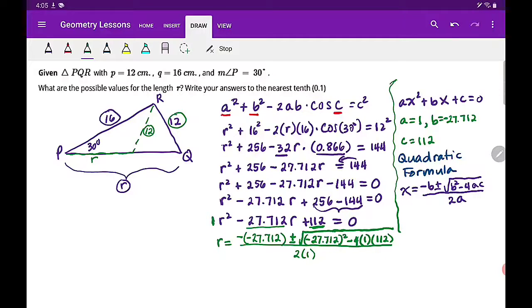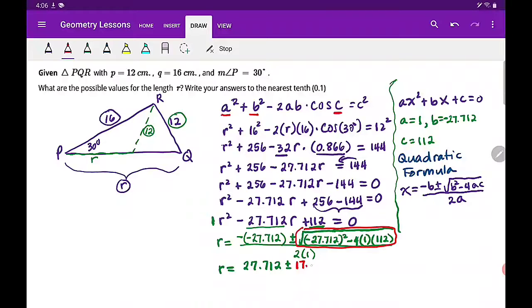So what I did is I already evaluated the radical for you. It's going to be r is equal to negative of negative 27.712, which is 27.712, plus or minus the square root of all of that, which is 17.887. So do that in your calculator. You're going to get 17.887.